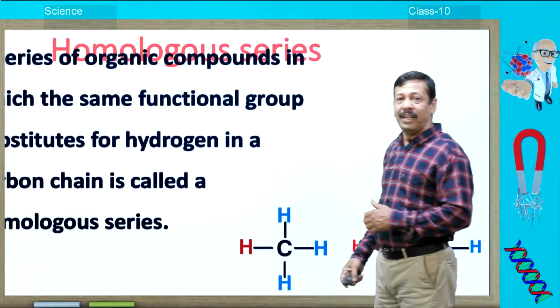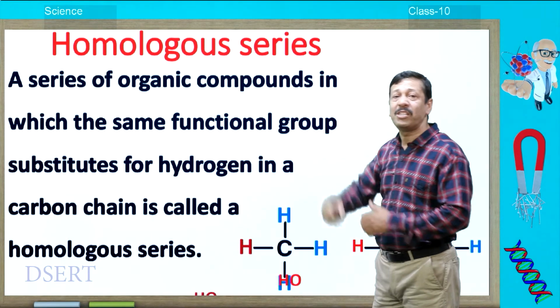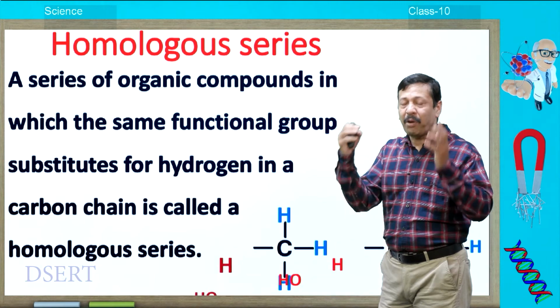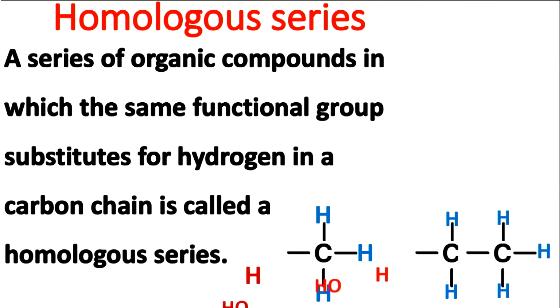Now, let us understand what is the meaning of this homologous series, very important series. A series of the organic compounds which have the same functional group that substitutes hydrogen in the carbon chain, that is called as a homologous series. What are you seeing here? One is methane, second one is ethane. Already you know the structures.